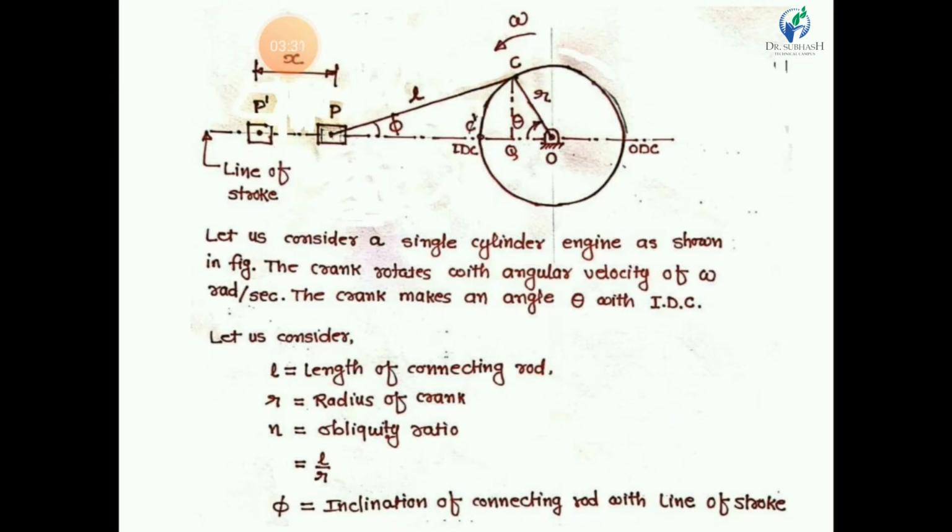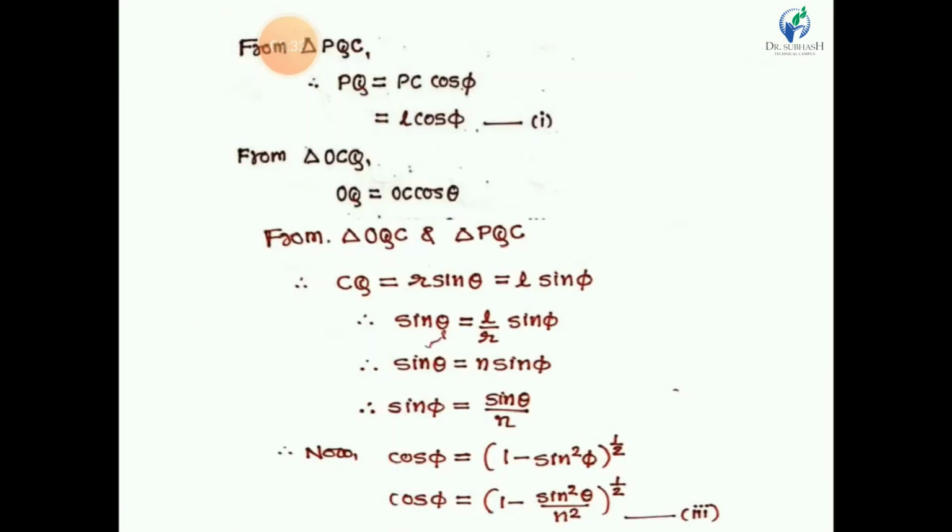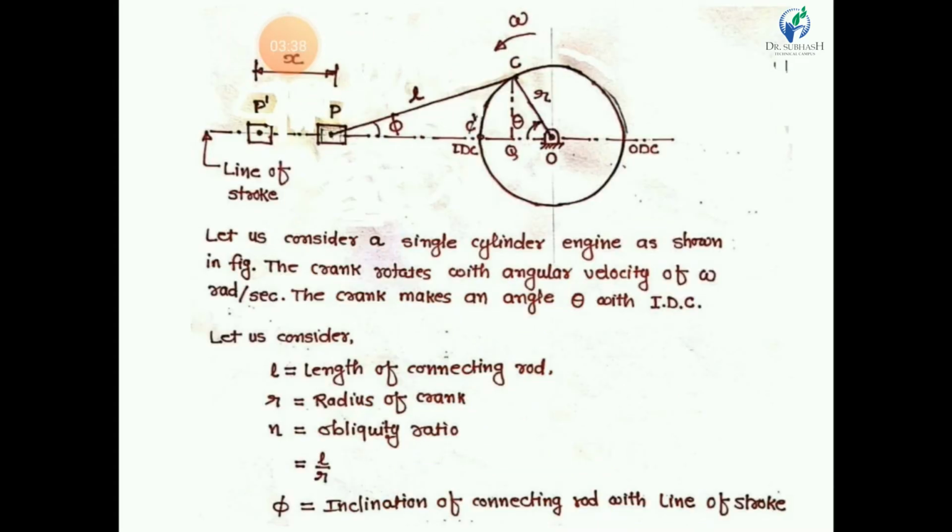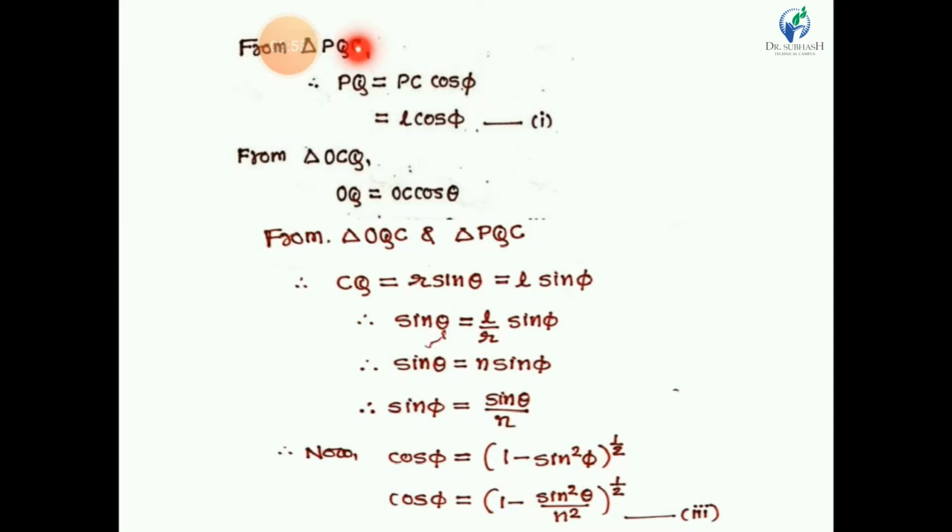By considering these two triangles, we get some equations. In triangle PQC, cos phi is equal to PQ upon PC. So PQ is equal to PC cos phi, and PC is nothing but L. So PQ is equal to L cos phi. This is our first equation.